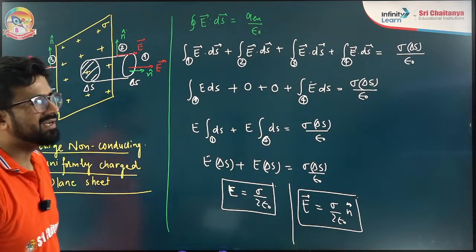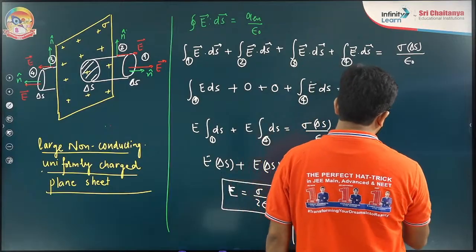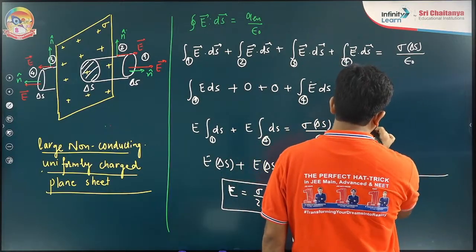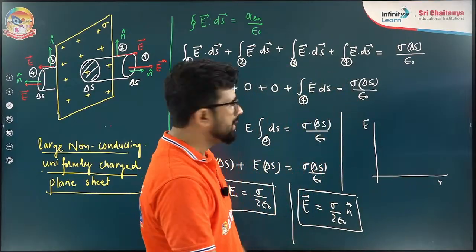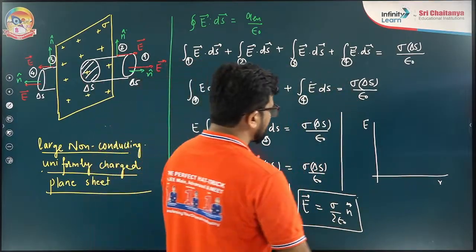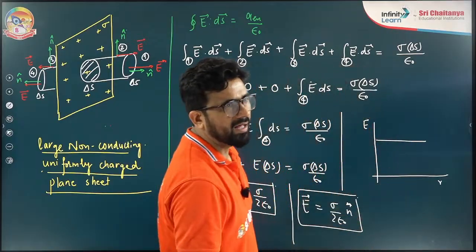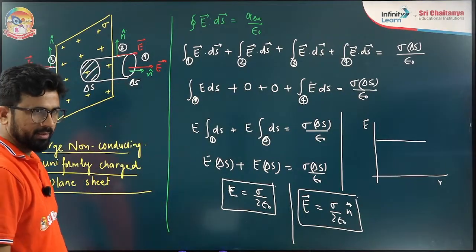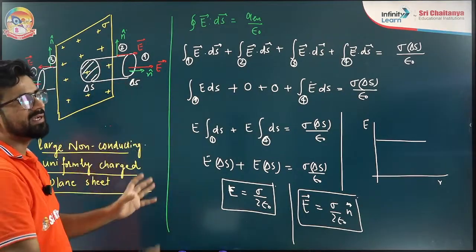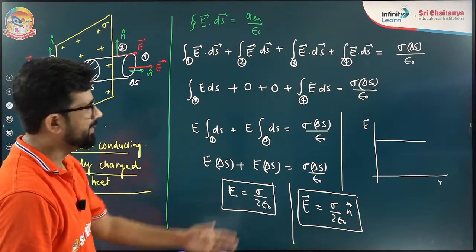Okay, this electric field we can write like this. Clear? And if you want to draw the graph also, E versus this R distance, whatever distance from this sheet we are taking, this would be approximately constant for R unless it is nearby only. If you are taking very far away, that means this sheet is not large, then this field will not be constant.